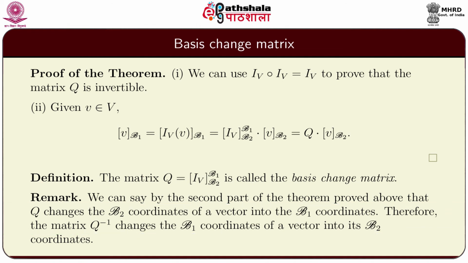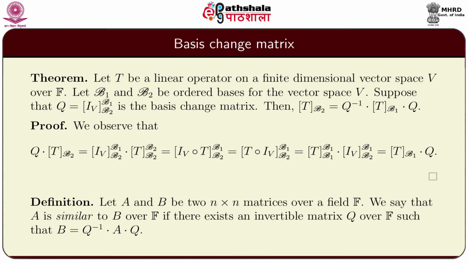Therefore, the matrix Q inverse changes the B1 coordinates of a vector into its B2 coordinates. For this reason Q is also called the coordinate change matrix.